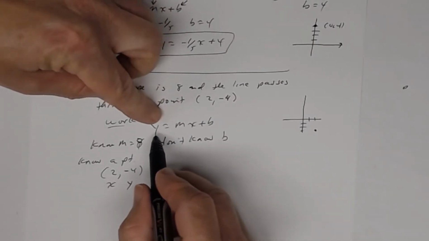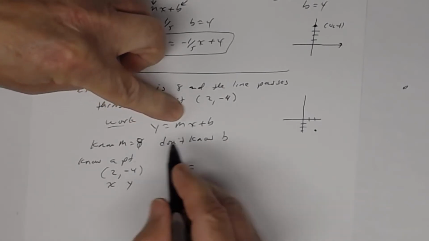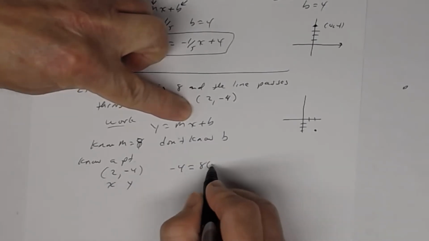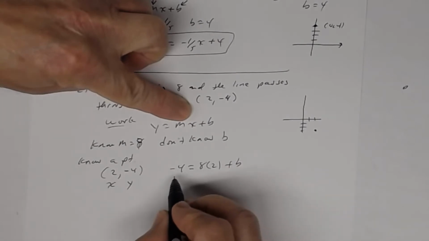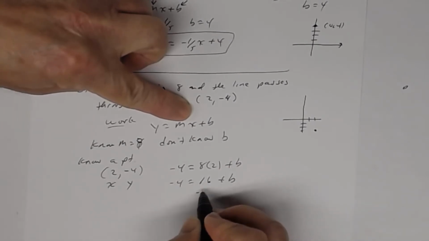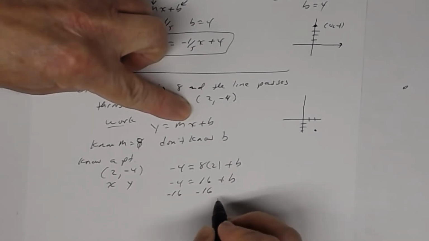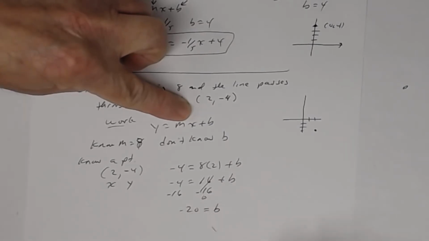Y, which is -4, equals m, which is 8, times x, which is 2, plus b. So I get -4 equals 8 times 2, which is 16, plus b. To get b by itself, you subtract 16 from both sides. So b is -4 minus 16, which is -20. So now I found b.